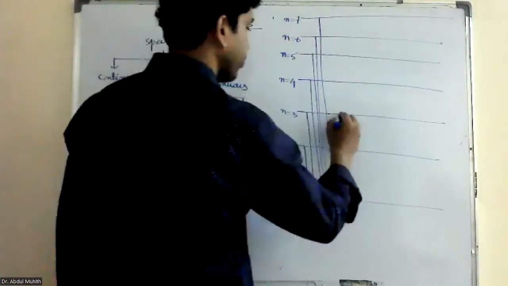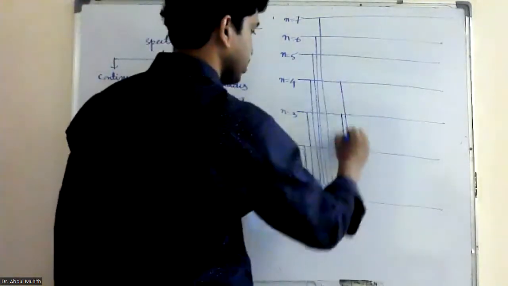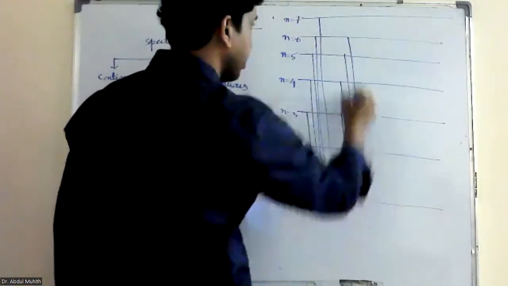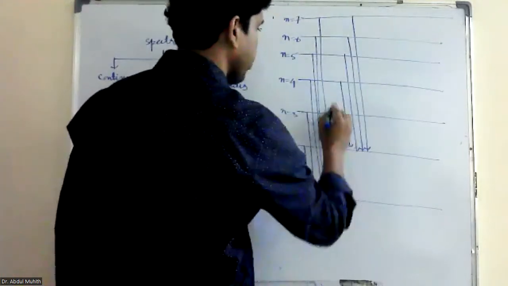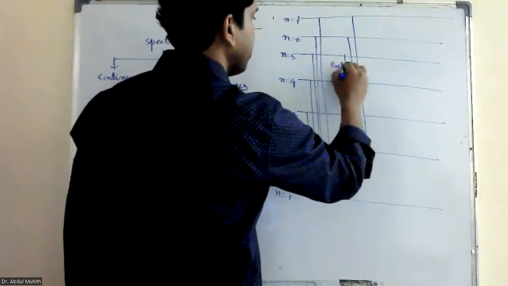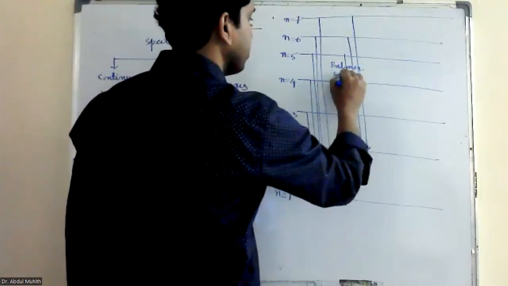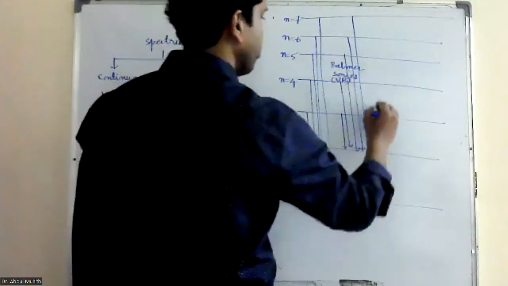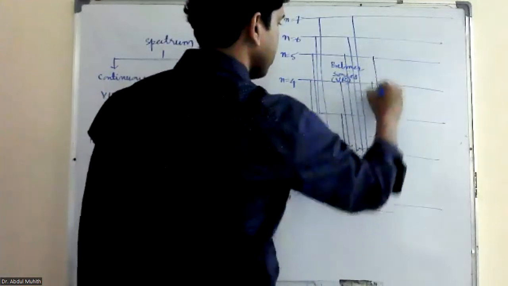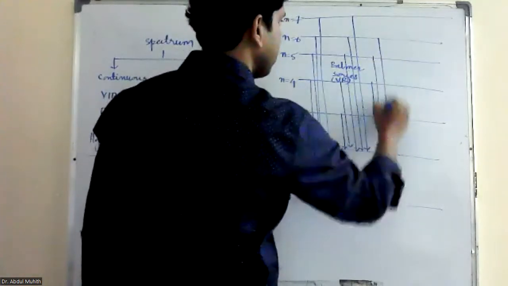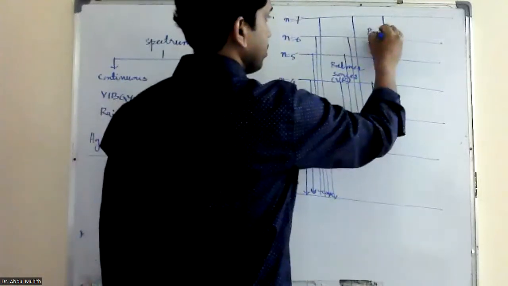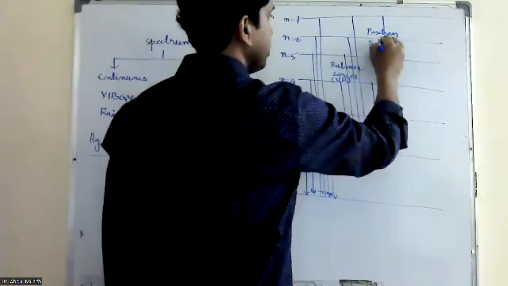Now, if the electron is jumping from third to 2 like this, it can jump from any level, depending upon how much energy it has gained. This is said to be the Balmer series, in the visible region. If the electron jumps like this, it is the Paschen series, in the UV region.